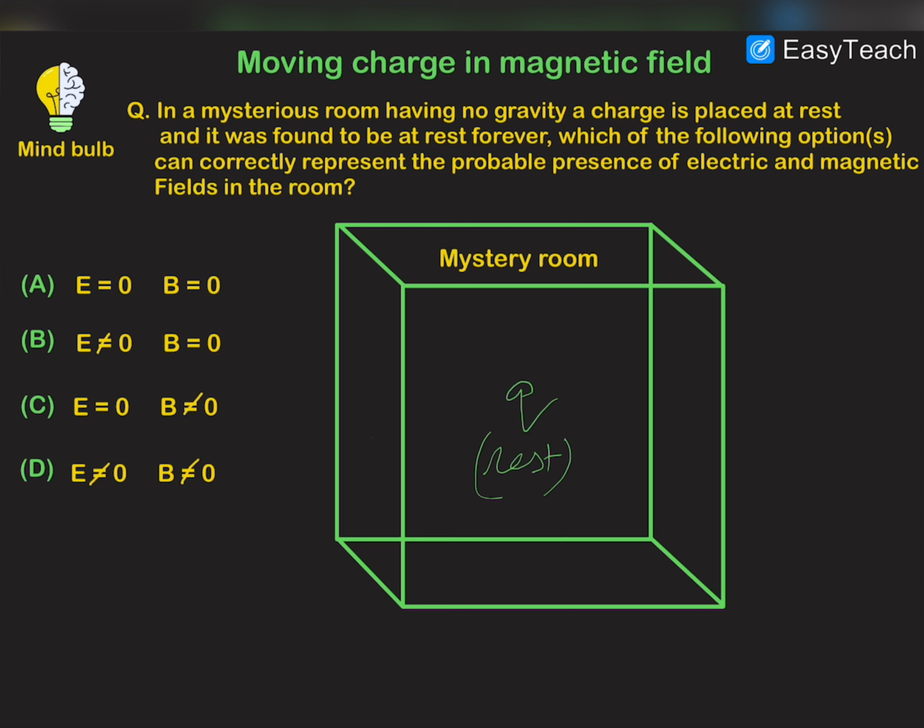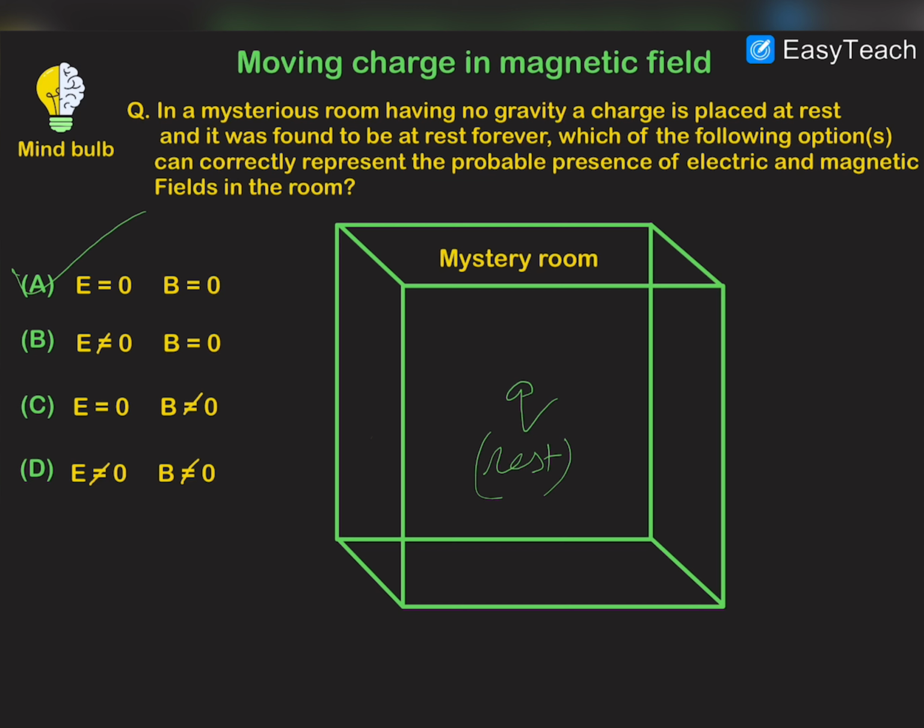So what could be the probable options which can be correct? First of all, if this charge is placed at rest and it remained at rest forever, then obviously it can be the case that both electric and magnetic fields are zero.